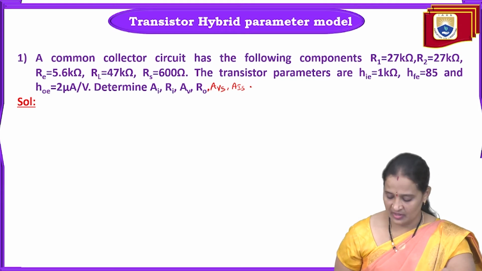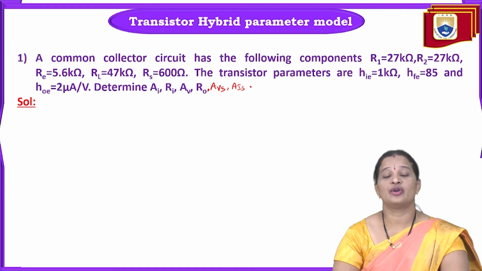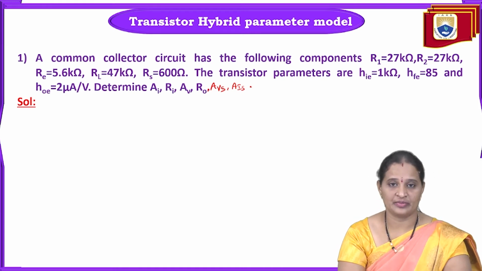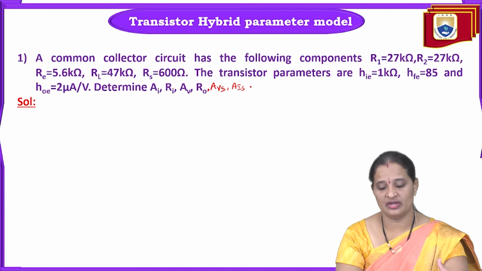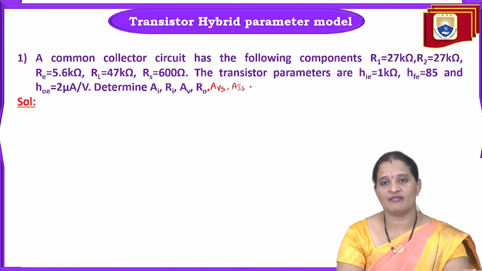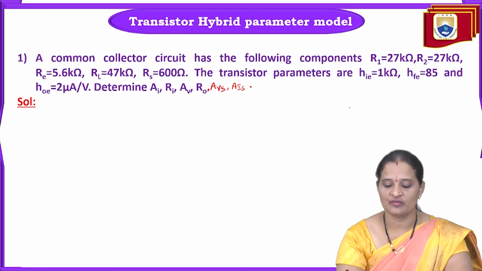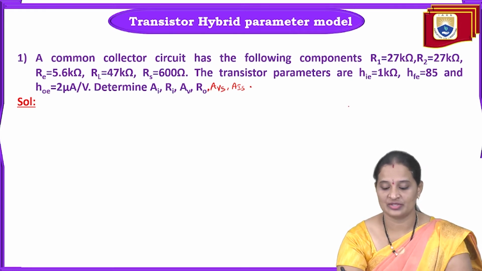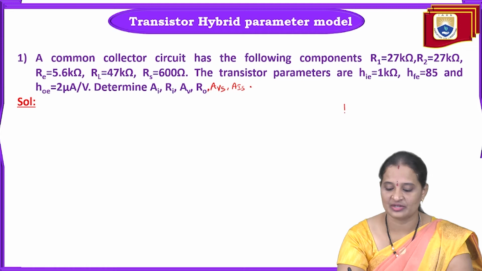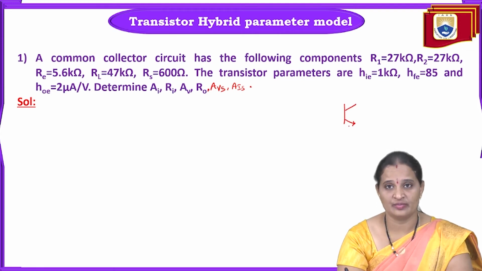Before that, first we need to draw the circuit diagram, then draw its equivalent circuit, and then go for the H parameter analysis. First of all, it is a common collector circuit. Common collector means the collector is a common terminal, where the base acts as the input and the emitter acts as the output.